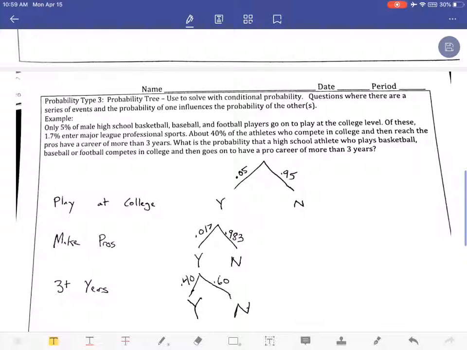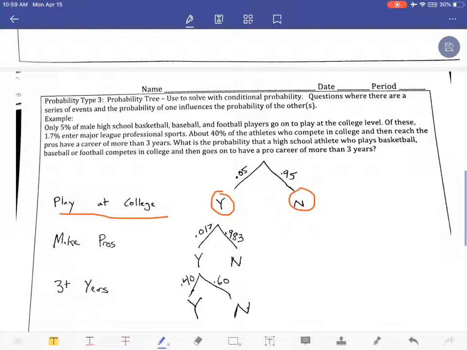So anytime we're doing an event, you want to label the event right here, and then have the different options at the end of the branches of the tree. So only 5% of male high school basketball, baseball, and football players go on to play at the college level.